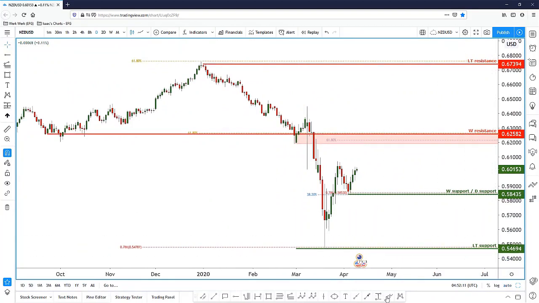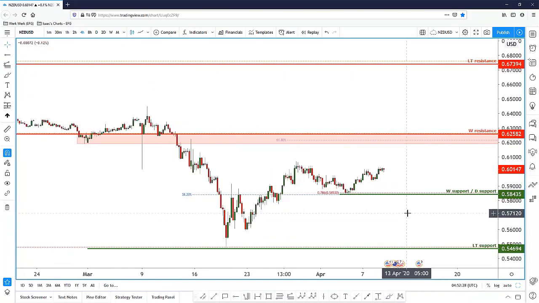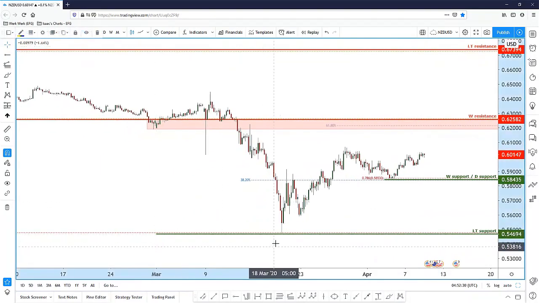So now on the daily, the bias is the same as the weekly. I expect price to make one more push down to the weekly or daily support before going up to the weekly resistance, right? So let's go down to the 4 hours just to look for profitable and the best levels for entry. And once again, let me tidy this chart up for you.